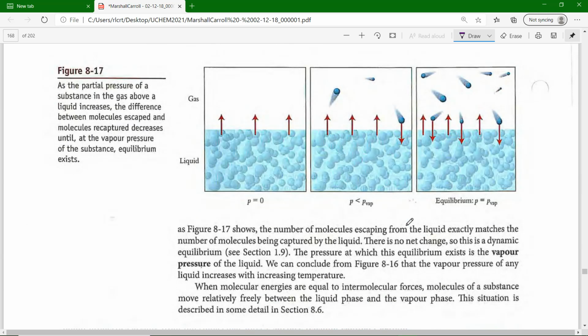Here is just a preview in figure 8.17 about equilibrium. So here we'd have a vapor pressure of 0. The liquid molecules are not yet escaping. Now they are. And then when we get a rate at which the escape from the liquid is the same as the condensation back into the liquid, then we have a vapor pressure.